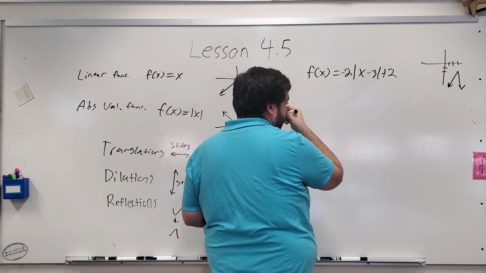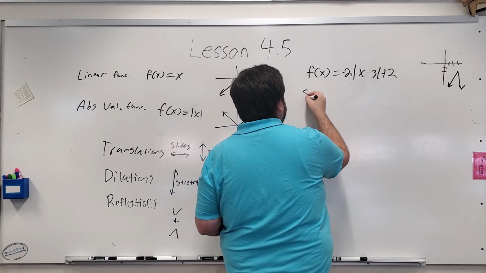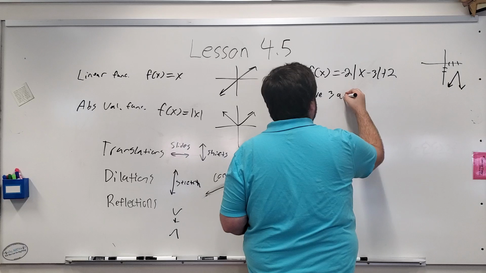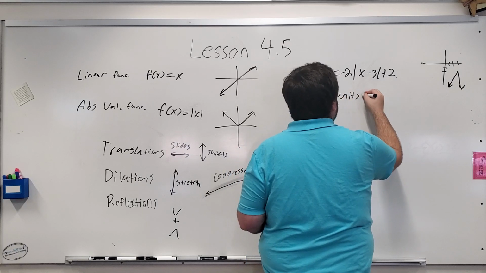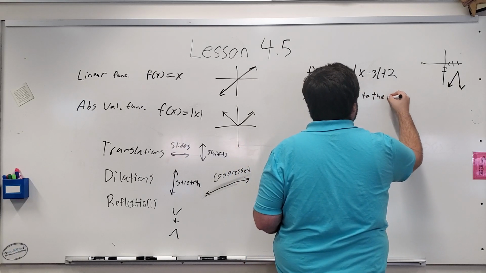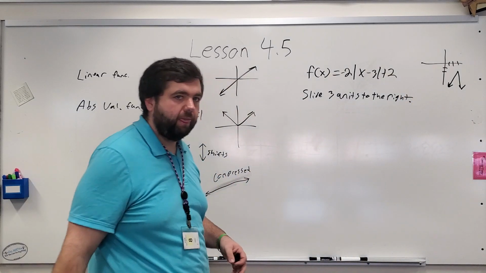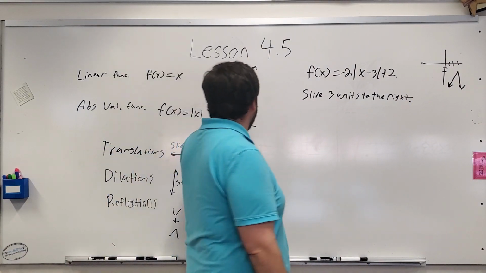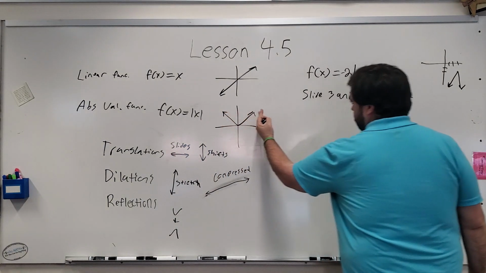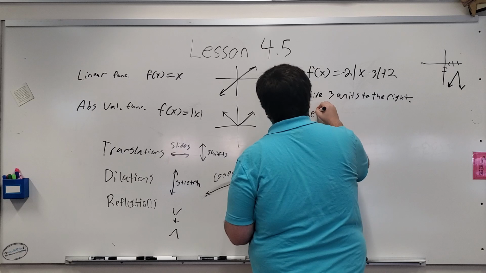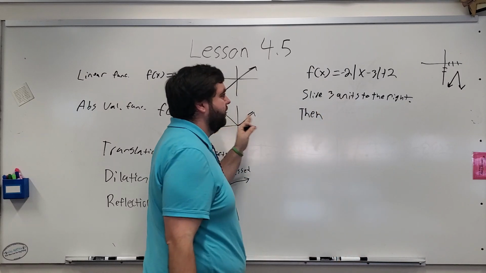So I know that this is going to be +3. So first I slide 3 units to the right. Okay? So now I've taken this V and I've moved it 3 over. Then, because it's like telling a story, how did you get from here to here?